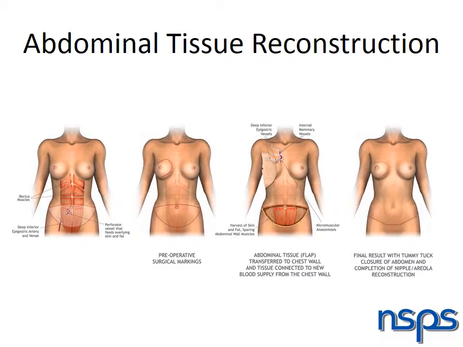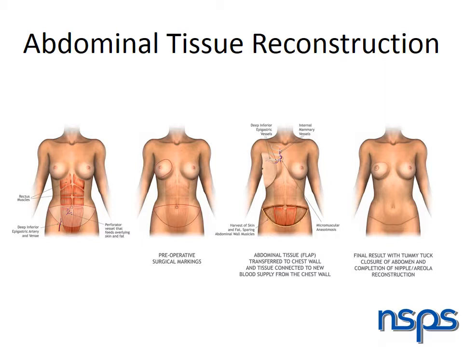Tissue from your abdomen can also be used for reconstruction. There are many different types of abdominal tissue flaps described primarily by their blood supply, including the SIEA, DIEP, muscle-sparing free TRAM, and free TRAM. In general, tissue, sometimes including muscle, is taken from your abdomen and moved to your chest for reconstruction of the breast.